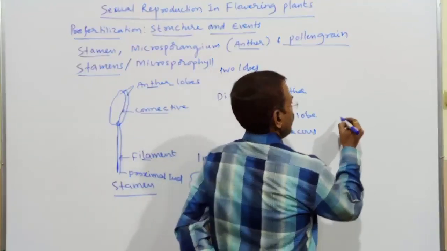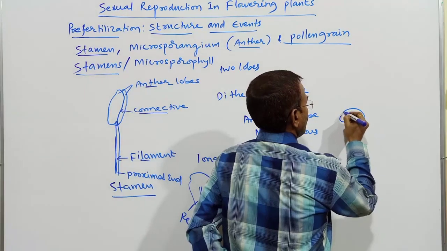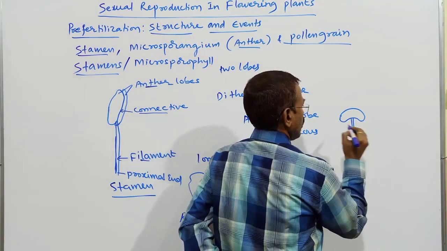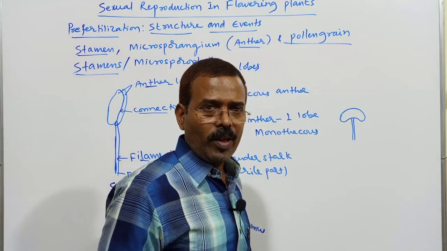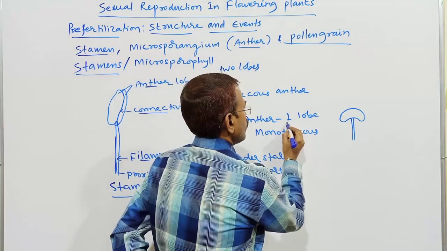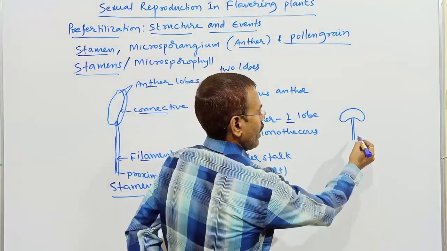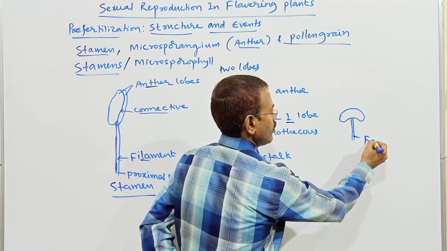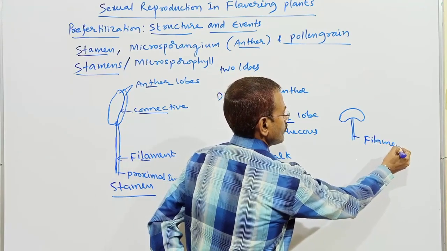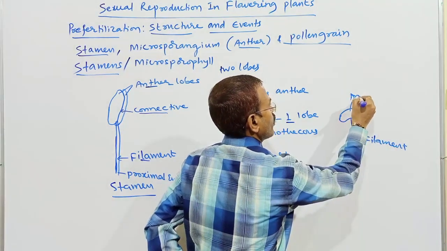So this is a monothecous anther. In this, a single anther lobe will be there. This is, as usual, the filament, and this is the anther.